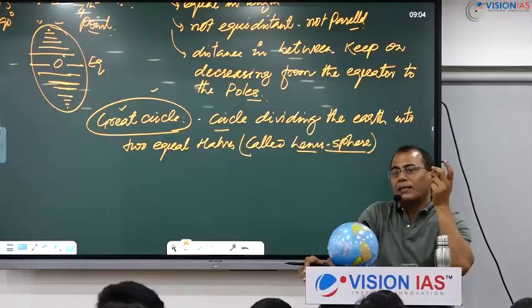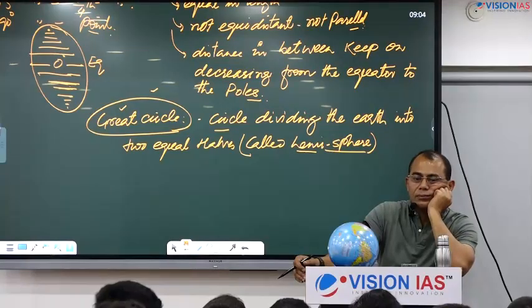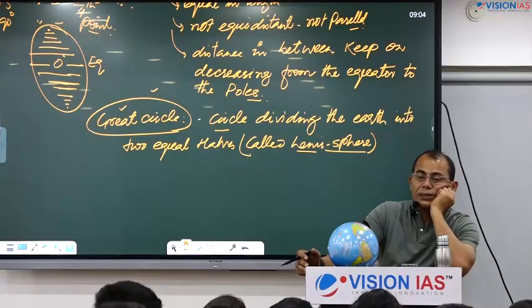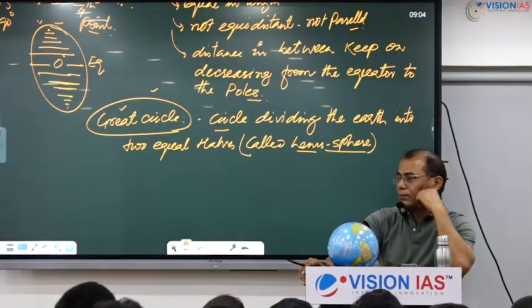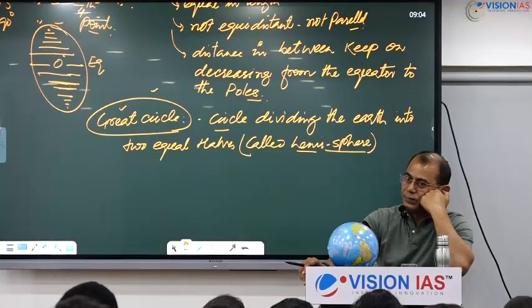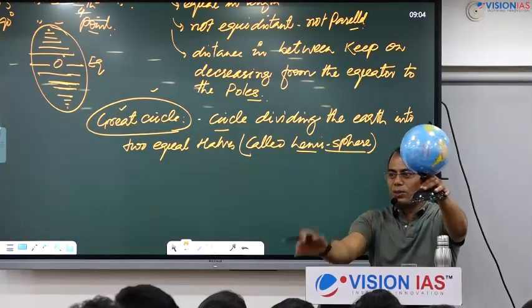Hemispherically, earth can be divided into how many parts? Only two. Northern hemisphere and southern hemisphere. That is one way. How many ways can the earth be divided into two equal halves?